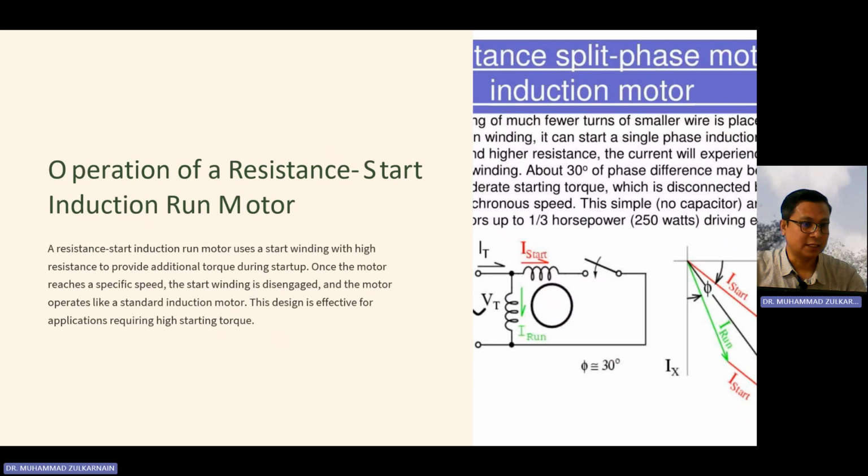Operation of the resistance start induction run motor. A resistance start induction run motor uses a start winding with a high resistance to provide additional torque during startup. Once the motor reaches a specific speed, the start winding is disengaged and the motor operates like a standard induction motor. This design is effective for applications requiring high starting torque.